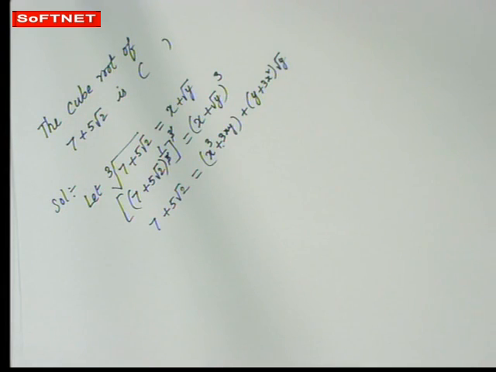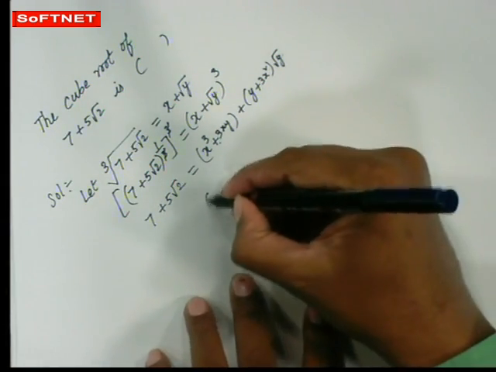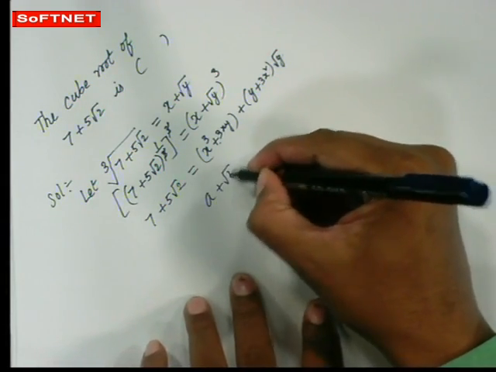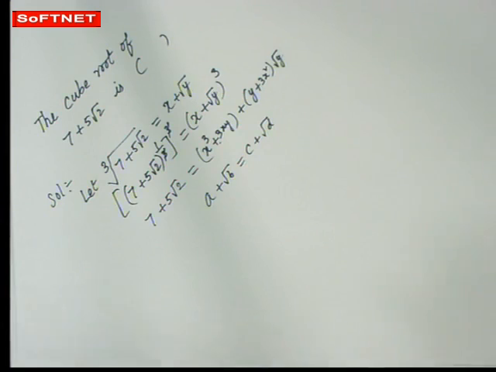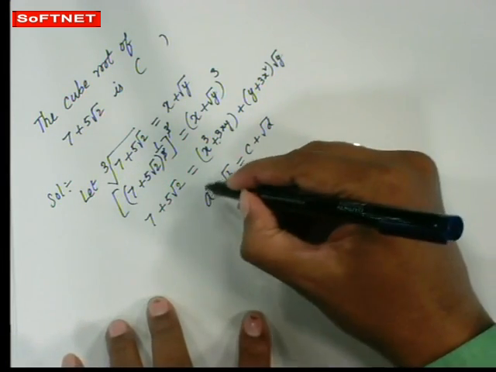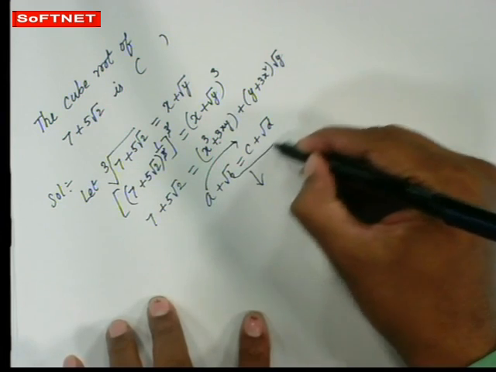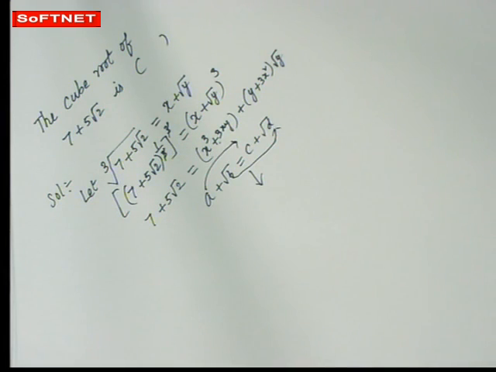So when you compare two surds in the form a plus root b and c plus root d, you write a plus root b, c plus root d. Now a is equal to c and b is equal to d.